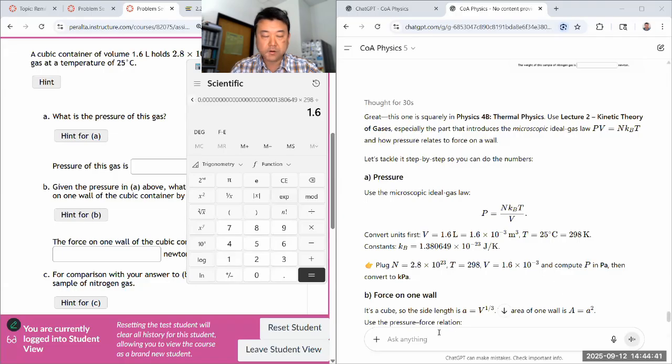Yeah, it converted from liters to cubic meters, times 10 to the power of minus 3.